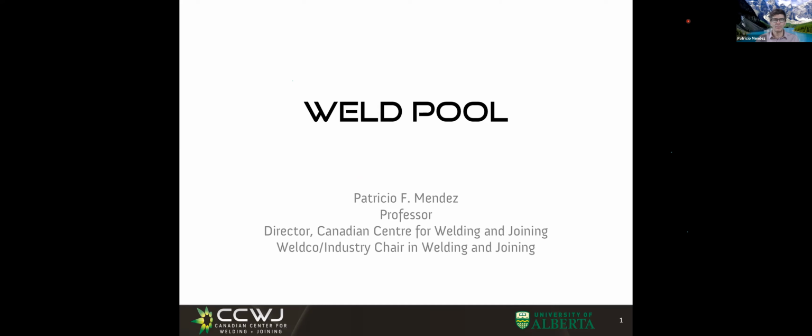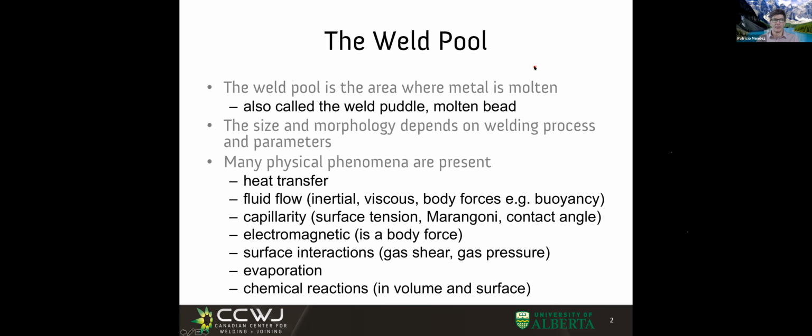So the weld pool, things we get to see. That's where the molten metal is. So in our previous block of slides, when we discussed the isotherms, the melting isotherm is the edge of the weld pool.